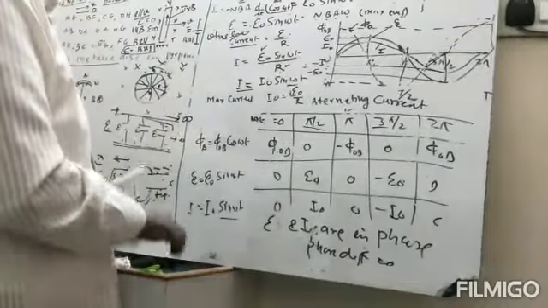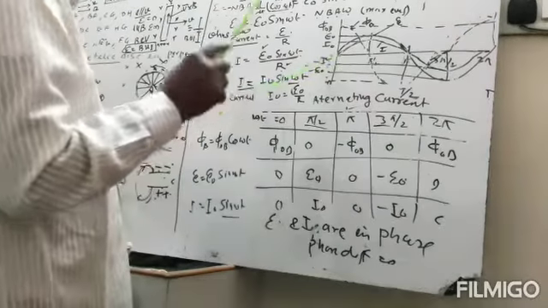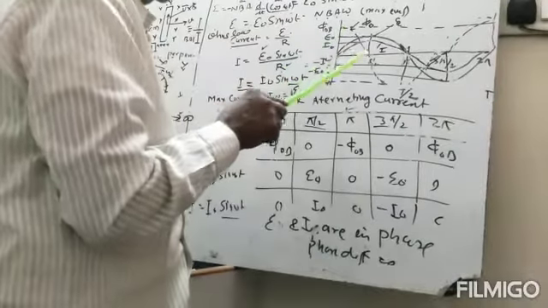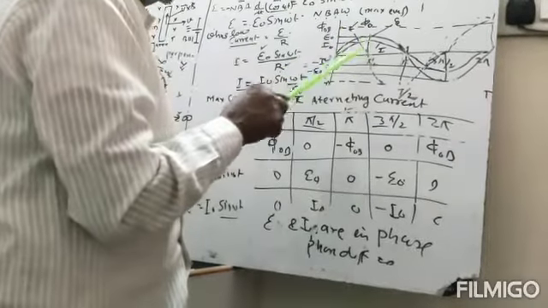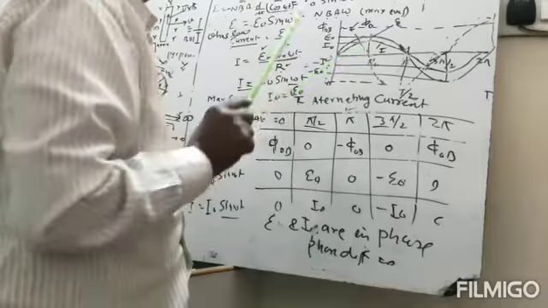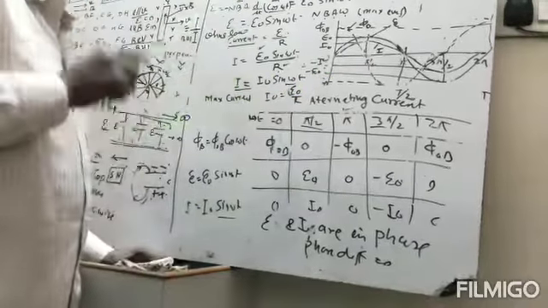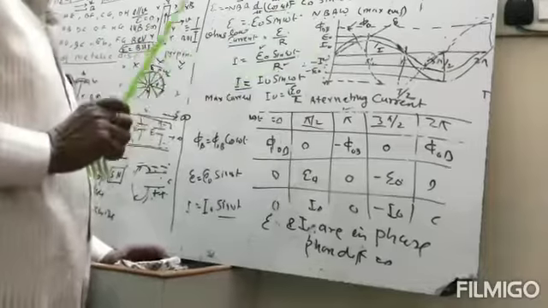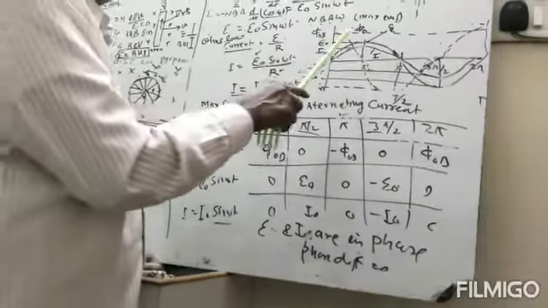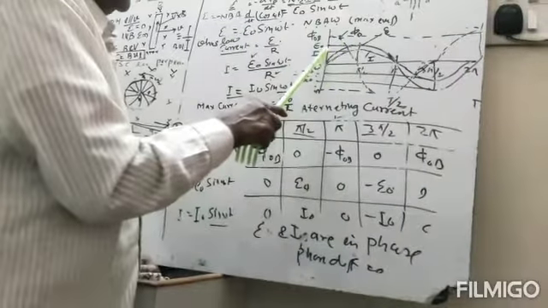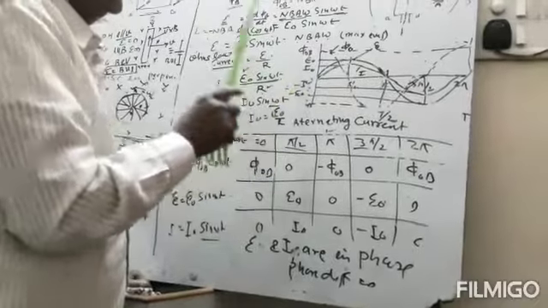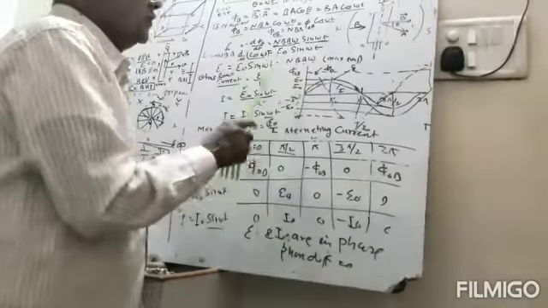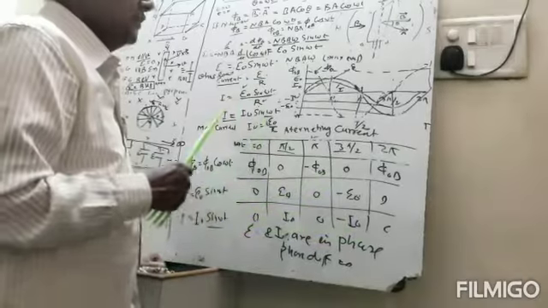Whereas the phase difference between flux and current is 90. Here it is maximum, it is 0. Here it is 0, it is maximum. So 90 degrees. So the phase difference between magnetic flux and EMF and I0 is 90. The phase difference between E and I0 is 0, or we can say they are in the same phase.